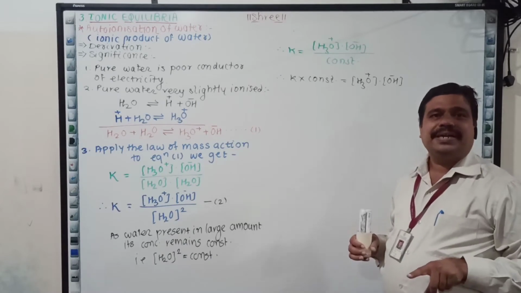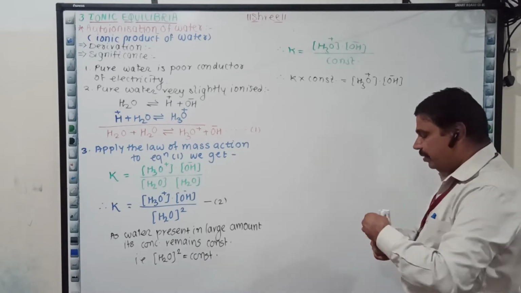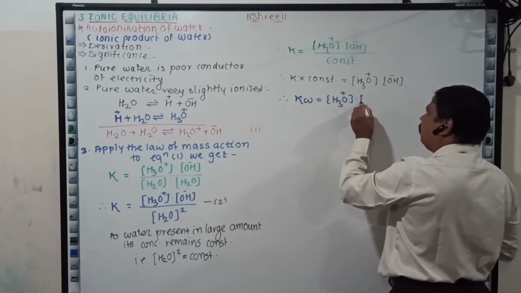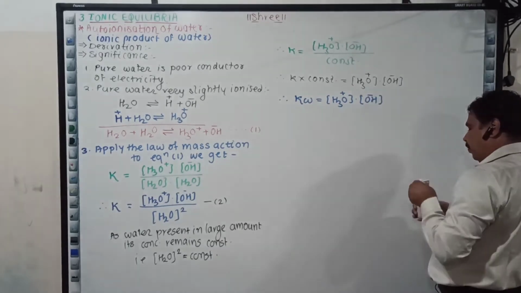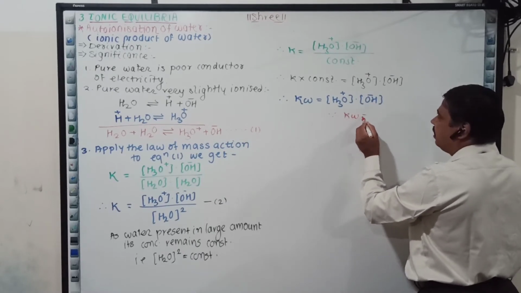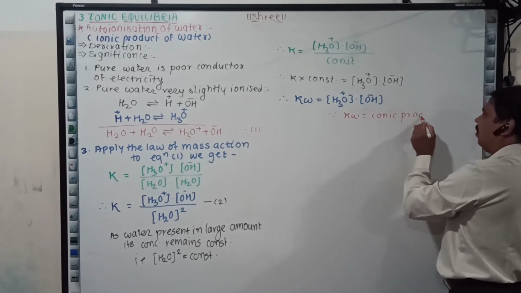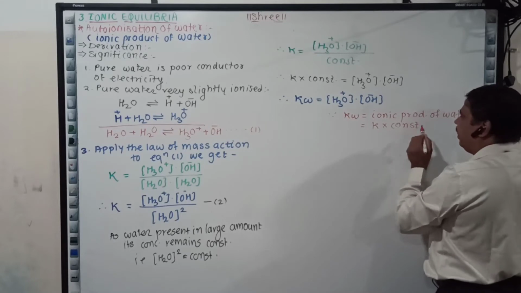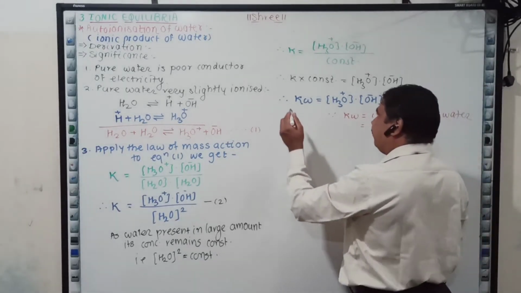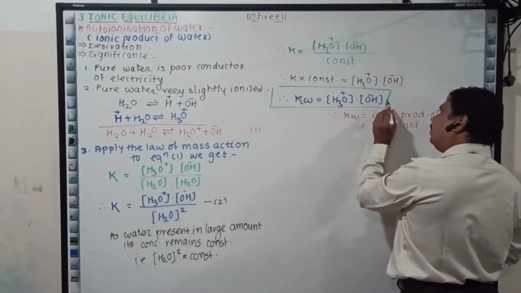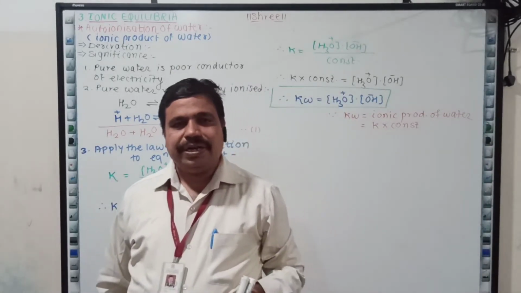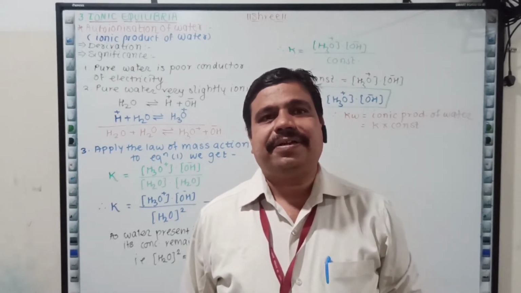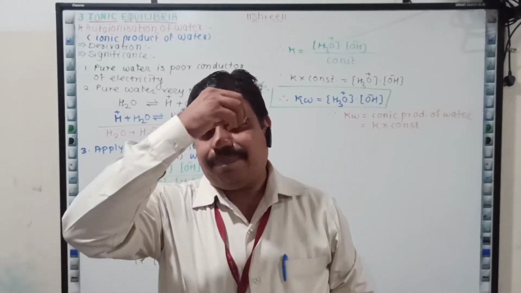Now constant into constant is another constant we consider as Kw, and therefore Kw is equal to concentration of H3O plus into concentration of OH minus, where Kw is equal to ionic product of water, which is K into constant, and therefore finally we get derivation: ionic product of water Kw is equal to concentration of H3O plus into concentration of OH minus ions.